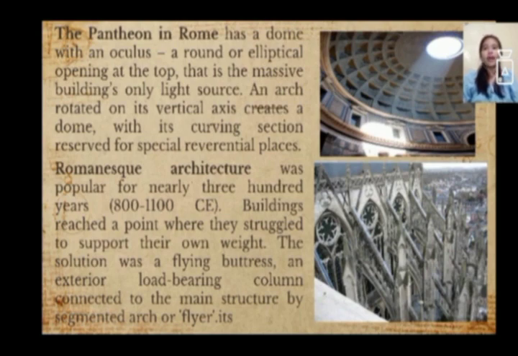So next we have an arc rotated on its vertical axis, which creates a dome with its curving, organic scoop of space reserved for the top of the most important building. So the Pantheon in Rome has a dome with an oculus, an elliptical opening at the top.